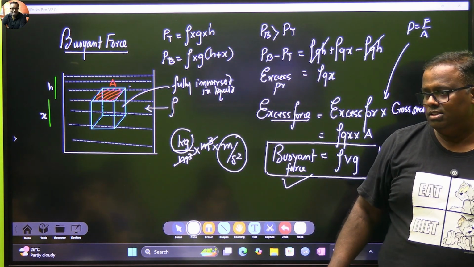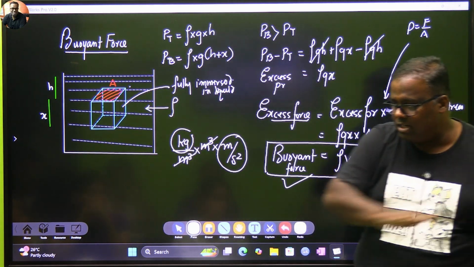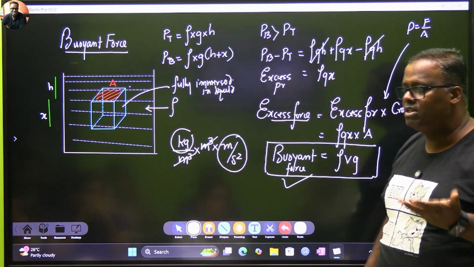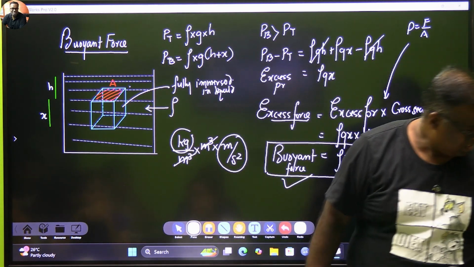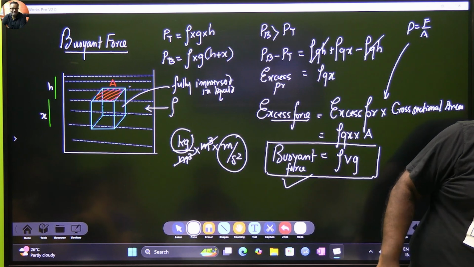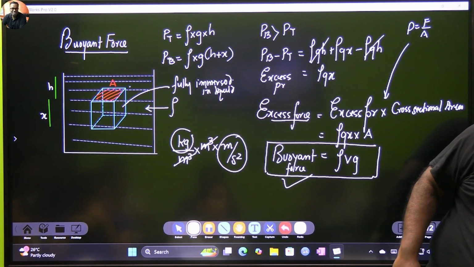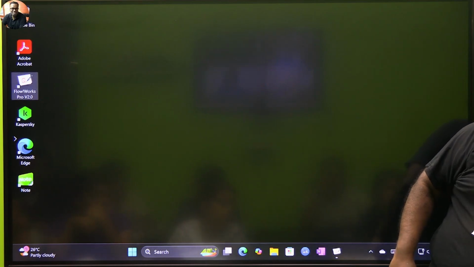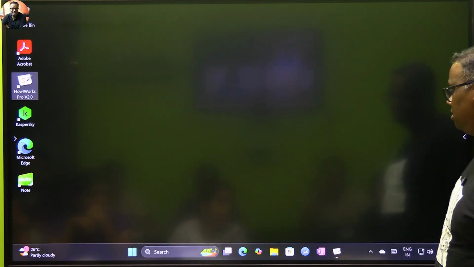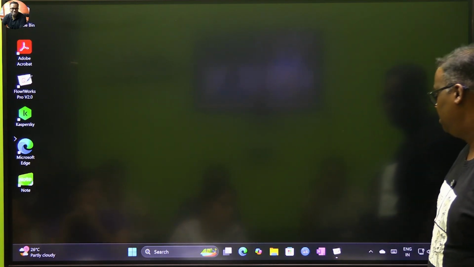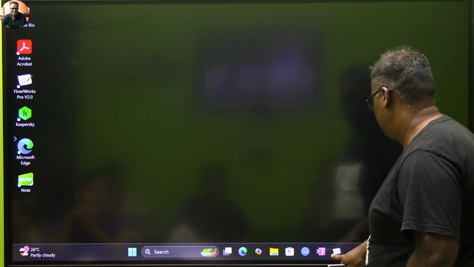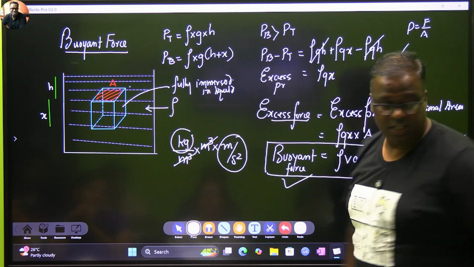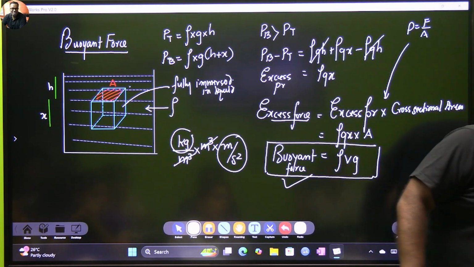Cross-sectional area multiplied by a perpendicular length is always the volume. Width into height is the cross-sectional area A. What is cross-section? If I cut it, what do you see? You see this portion, multiplied by the length.